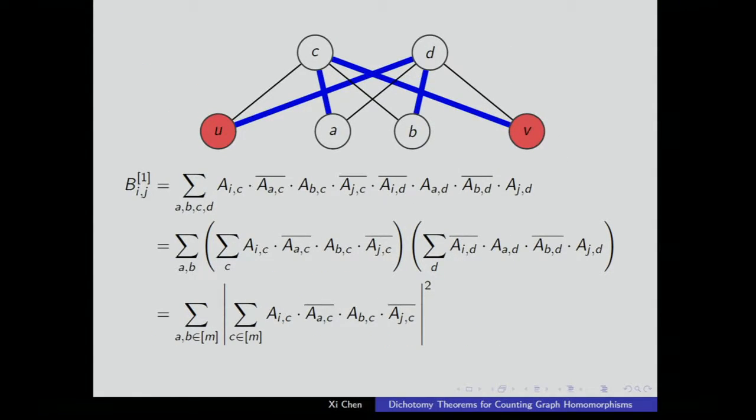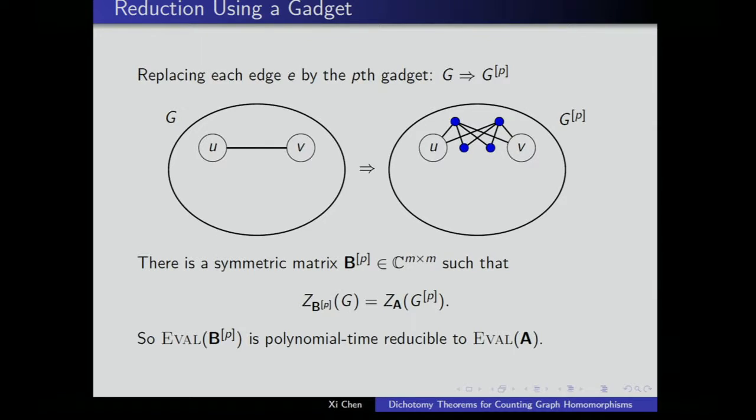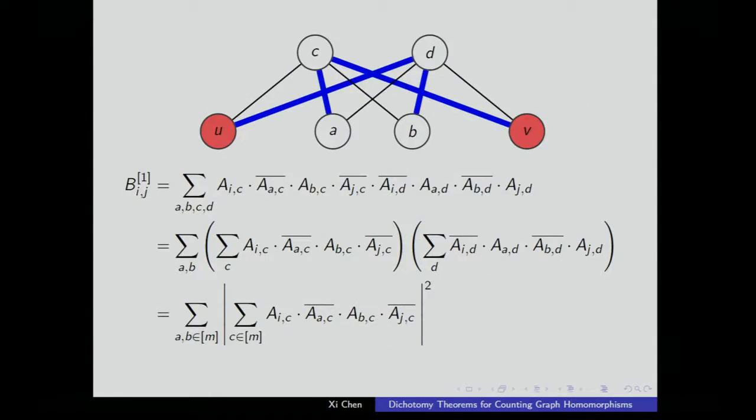Now, what are the entries of B bracket P? If you plug in all the definition of the partition function and the construction of B bracket P, the ijth entry of B bracket P is the following. You assign value I to this special vertex U, assign J to this special vertex V. They are fixed.